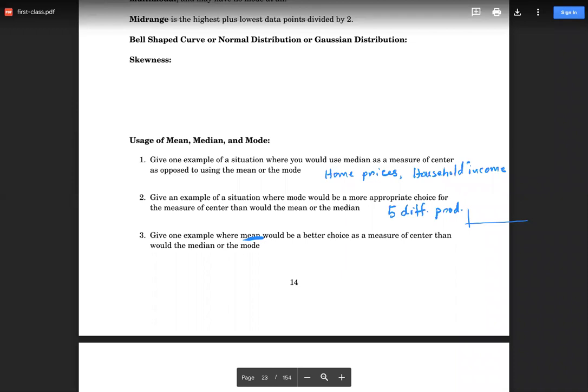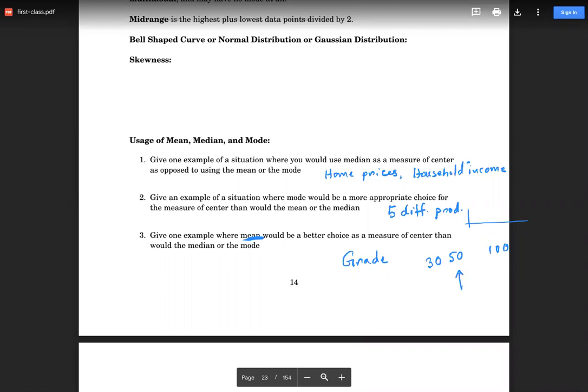Another example where mean would be a better choice. For mean, I use your grades, right? If you take a midterm and I use mode or median, that might not be a good choice. So let's say we have 3 exams in the class. Somebody gets 30, 50, and 100 in 3 exams. If I use median, then I'd be using 50.